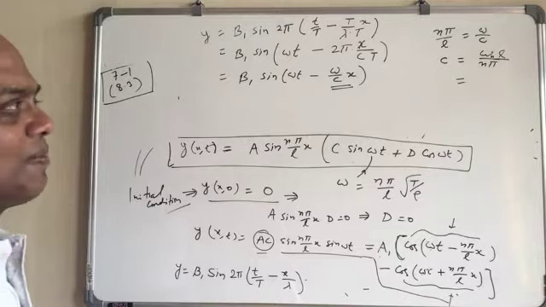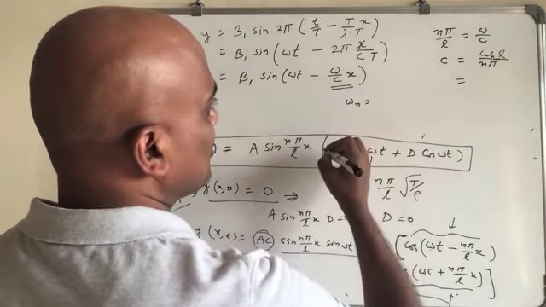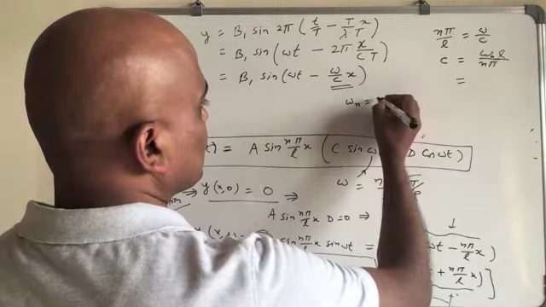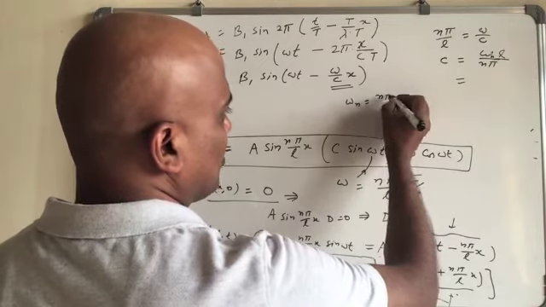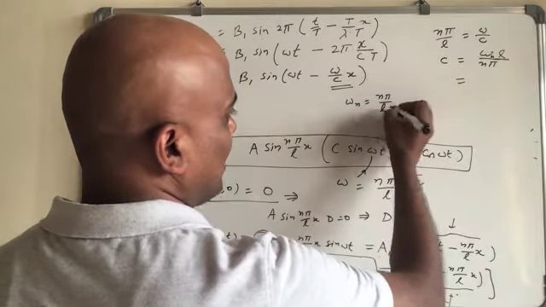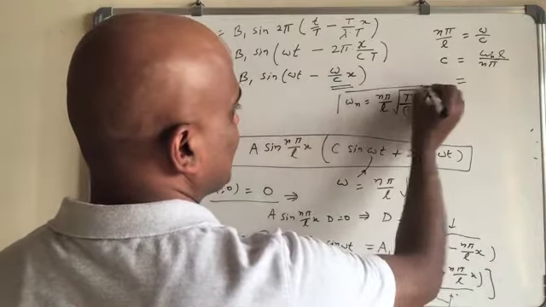omega n we got equal to n pi over L, that was alpha, and root t over rho, that's what we get, right?